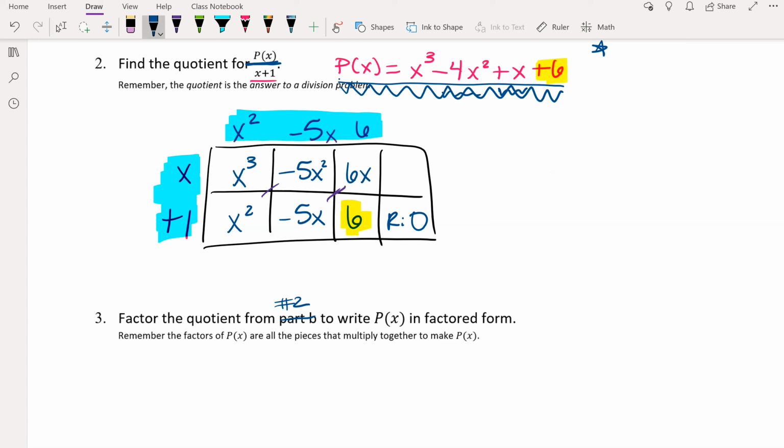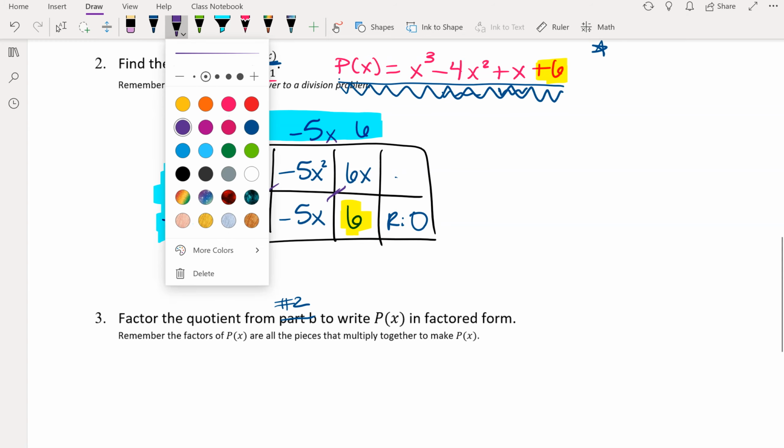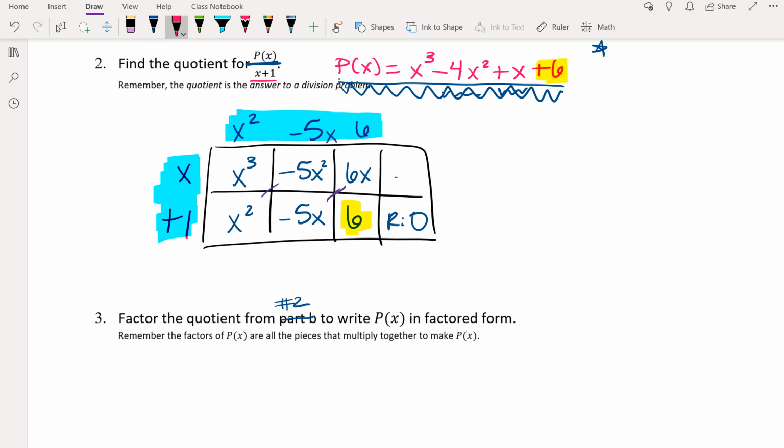It's right here in blue. Outside the box, those things highlighted in bright blue are the two things that multiply together to make p of x on the inside. So, y'all, this is really crazy. We can write p of x, this pink thing right here, two ways. We can write it like above, or we could say p of x is also equal to these two things being multiplied.